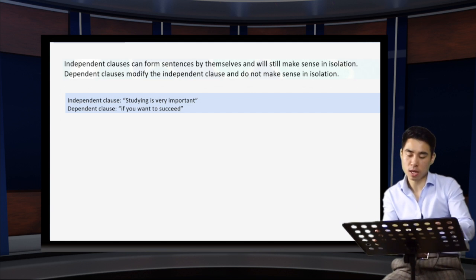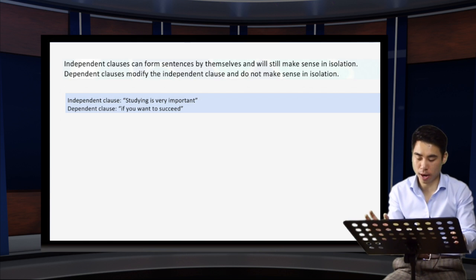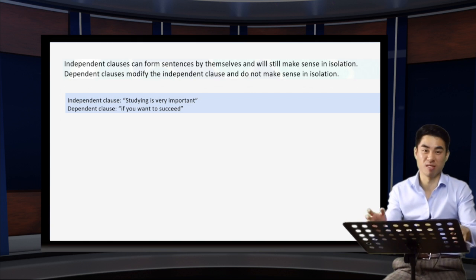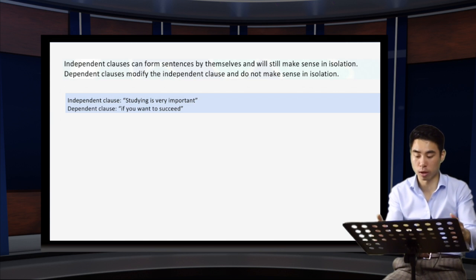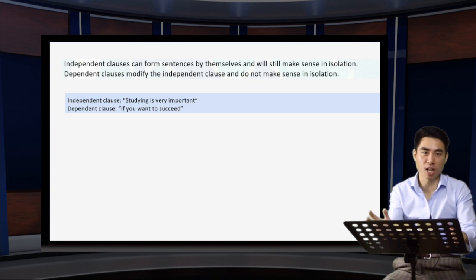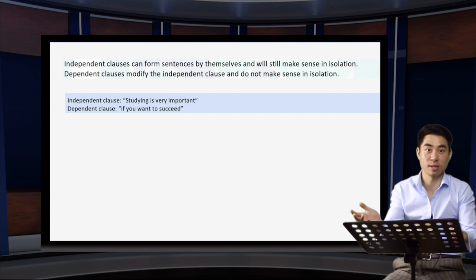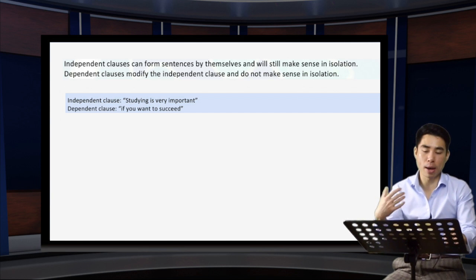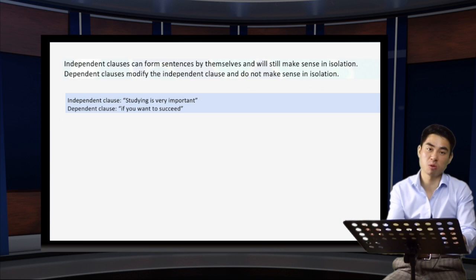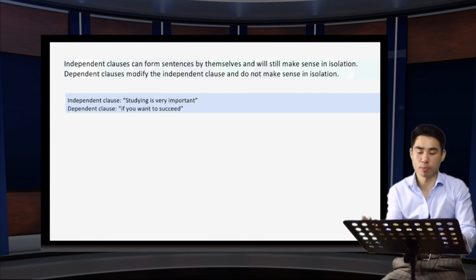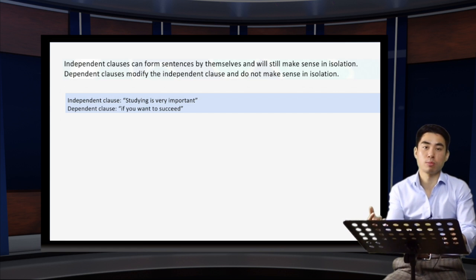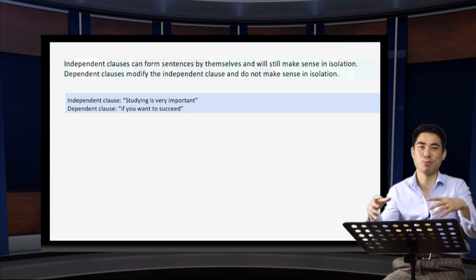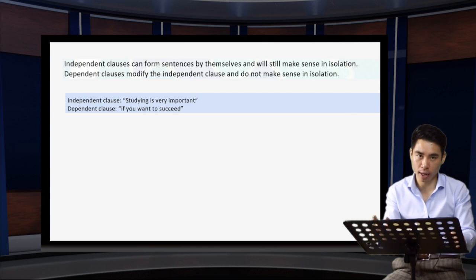In the first sentence, it's slightly more difficult to identify the noun that's actually doing the verb, but here it's studying, and our verb is. Just remember, a verb is a doing word, and a noun, which more often than not will be the subject of your clause, is going to be a person, a place, or a thing. In this case, it's more of a concept. So studying is the subject of that first clause there.